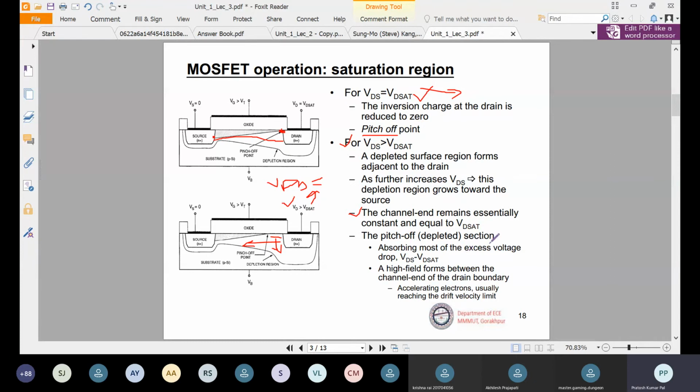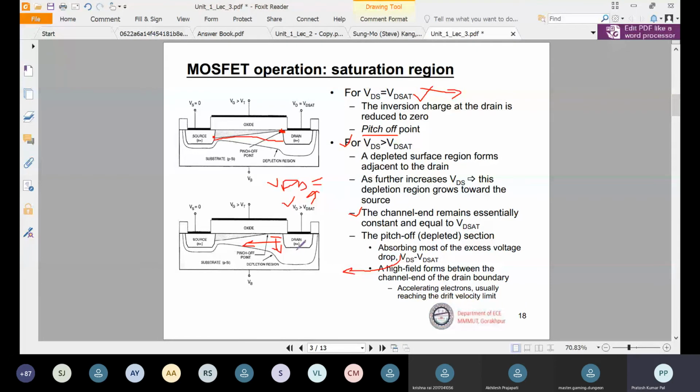And the pinch off point here is absorbing most of the excess voltage drop. What this means is, if any voltage is there, VDS minus VD set, that will be absorbed by the pinch off section.